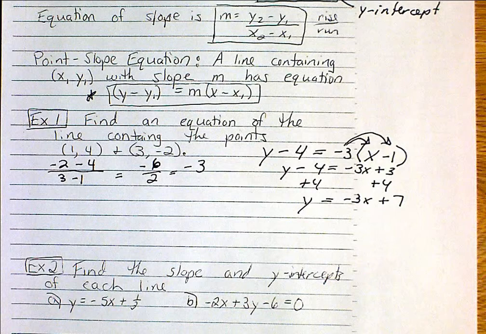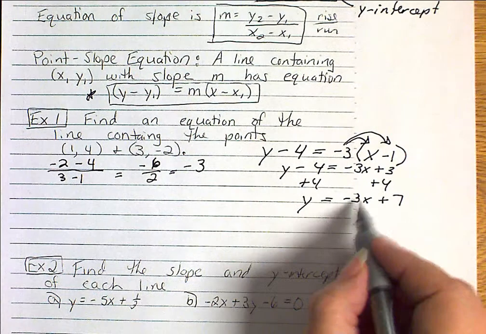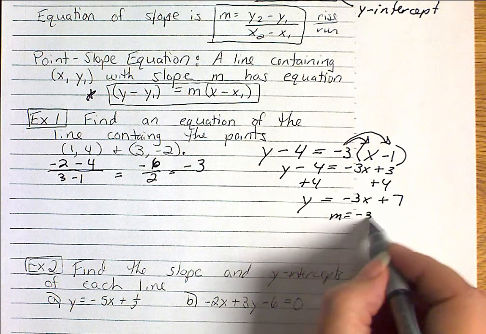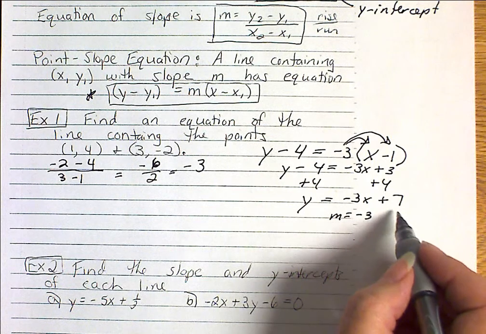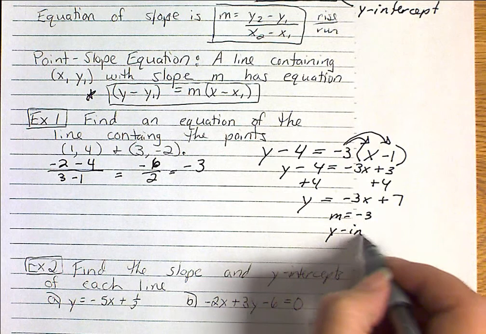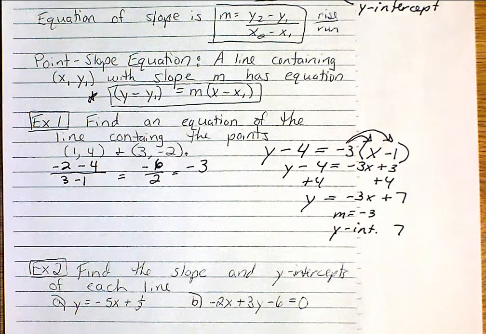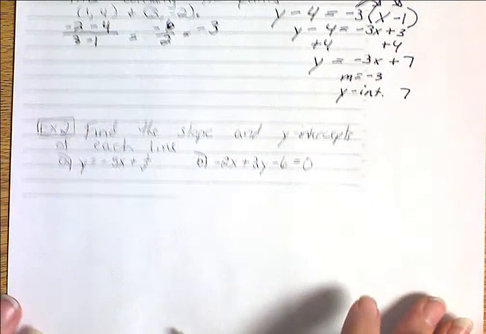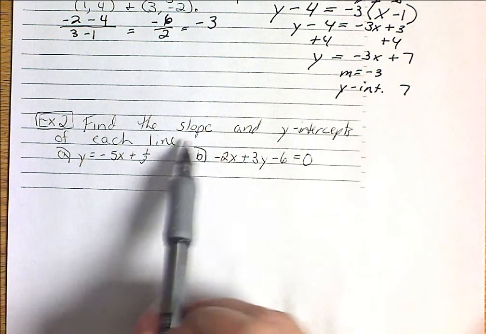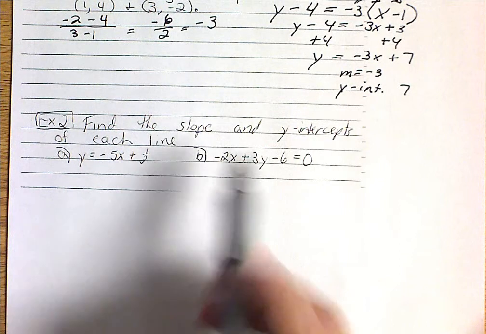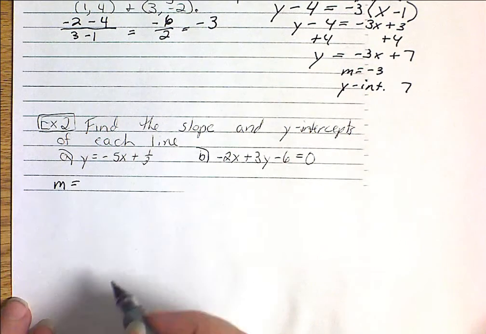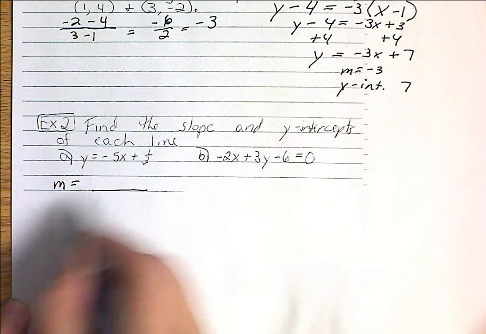So looking at this, my slope is -3, which we already knew. And here my y-intercept is 7. It says to find the slope and y-intercept of these lines. I want you guys to take a second and put what your slope is. Remember, m is your slope. And what is your y-intercept?